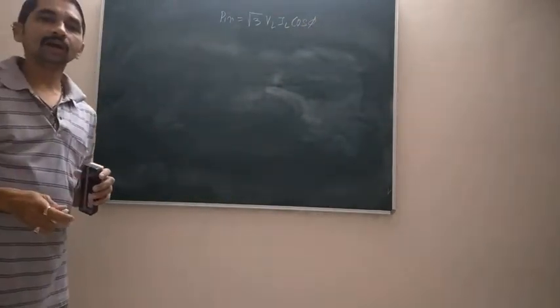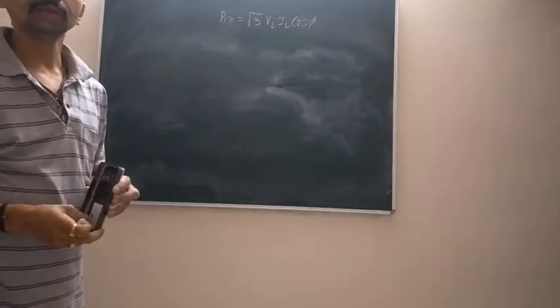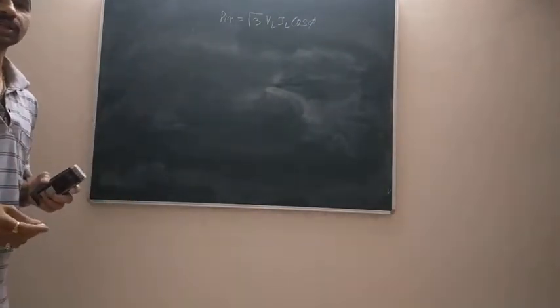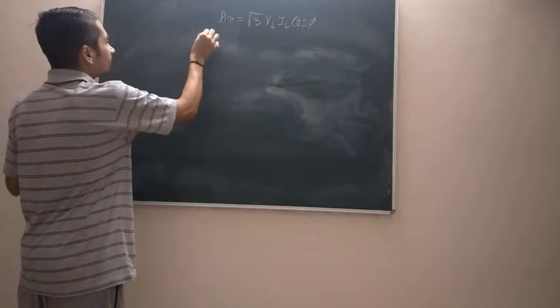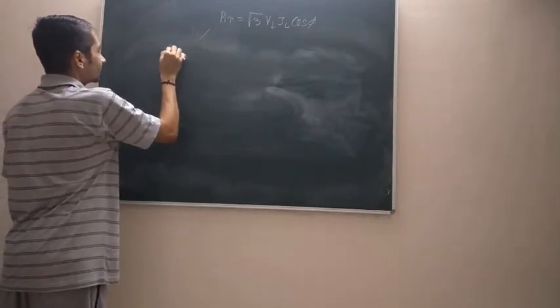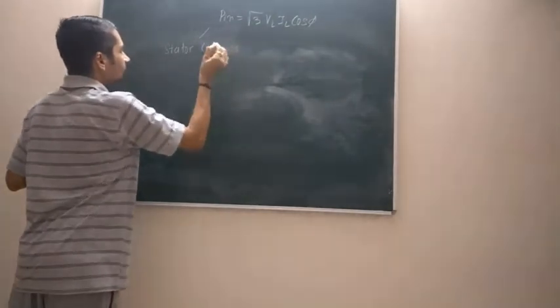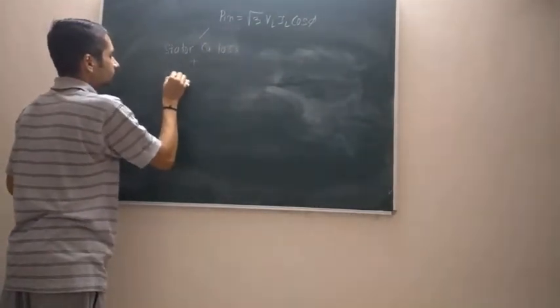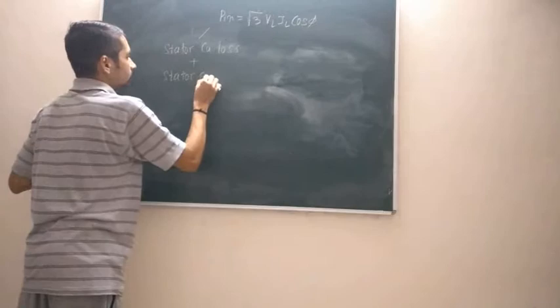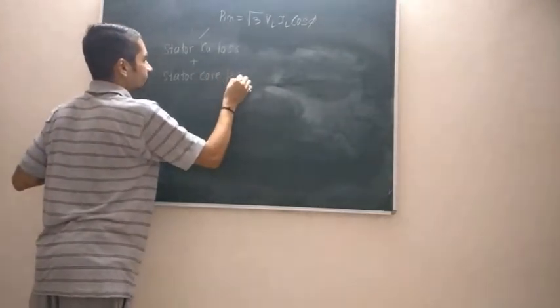Now the very first part that comes in front of you is the outermost part, the stator. So from this input power, I have to subtract my stator copper loss and the stator core loss.